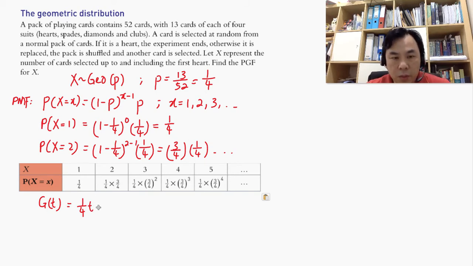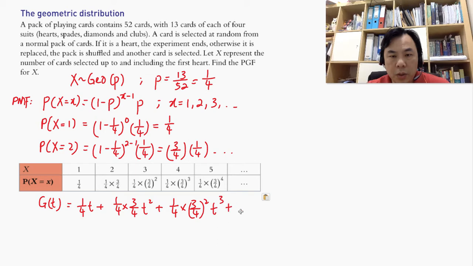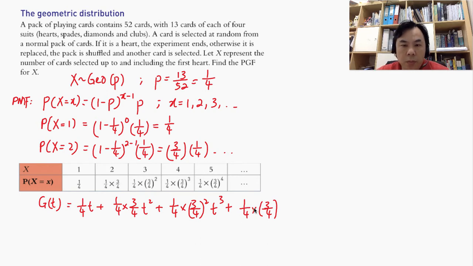So there's a 1/4. And then after that, you will go on to 1/4 by 3/4, t to the power 2, and then 1/4 by 3/4 squared, t to the power of 3, and then 1/4 multiplied by 3/4 here, right?